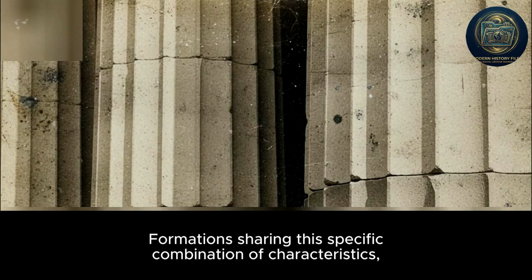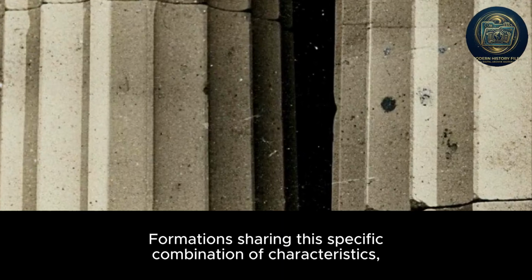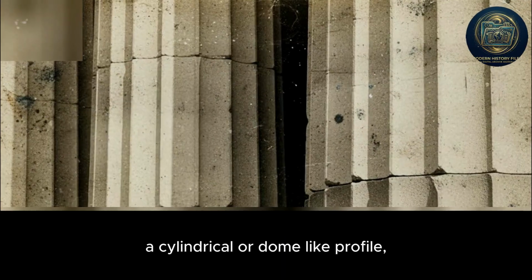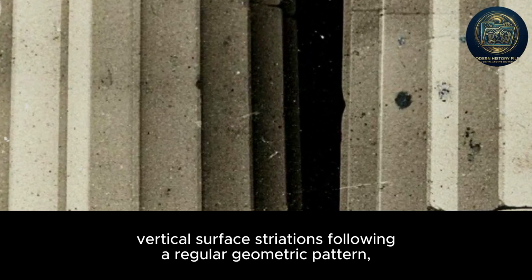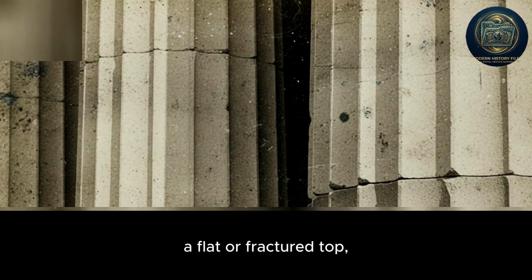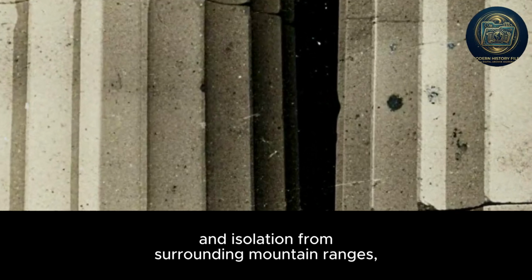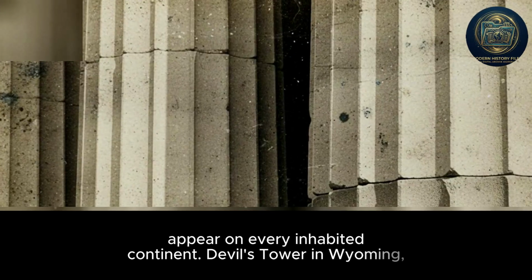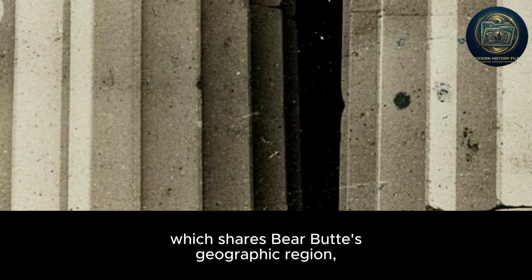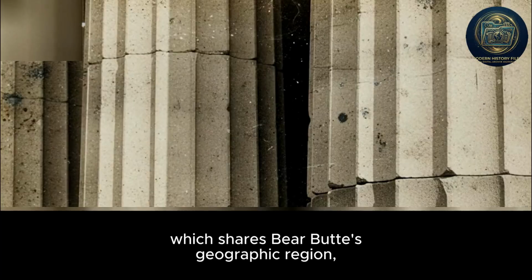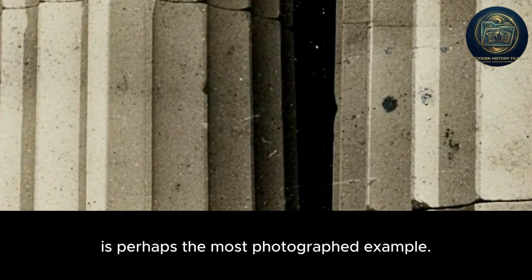Formations sharing this specific combination of characteristics, a cylindrical or dome-like profile, vertical surface striations following a regular geometric pattern, a flat or fractured top, and isolation from surrounding mountain ranges, appear on every inhabited continent. Devil's Tower in Wyoming, which shares Bear Butte's geographic region, is perhaps the most photographed example.